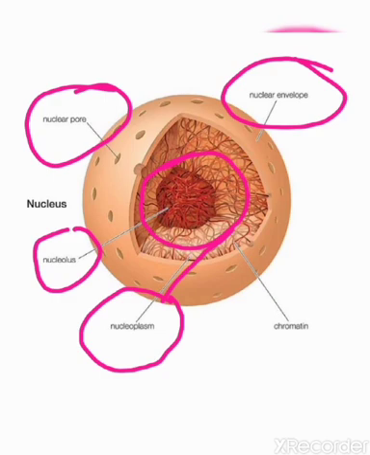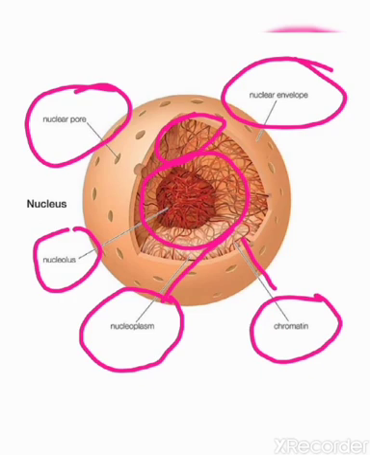Now another structure you can see in this figure, that is chromatin fibers. You see in this figure thread-like structures. So these thread-like structures are known as chromatin fibers.